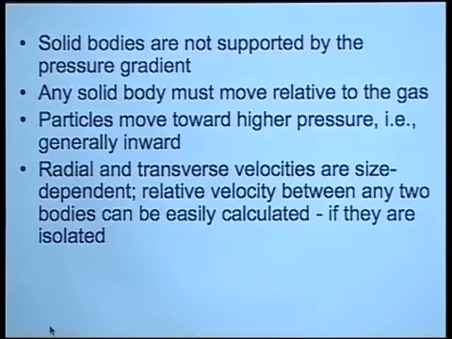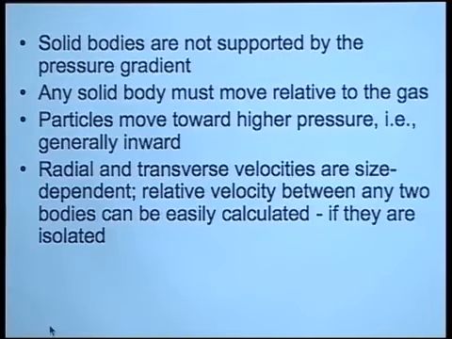It's supported by internal pressure and moves a bit more slowly. Therefore, any solid bodies that are in the nebula are required to move with respect to the gas. They're trying to move in Kepler motion, but they can't generally. This causes their orbits to decay, and generally they are moving inward, or towards wherever the local maximum of pressure is. And in the nebula as a whole, that's got to be towards the middle.